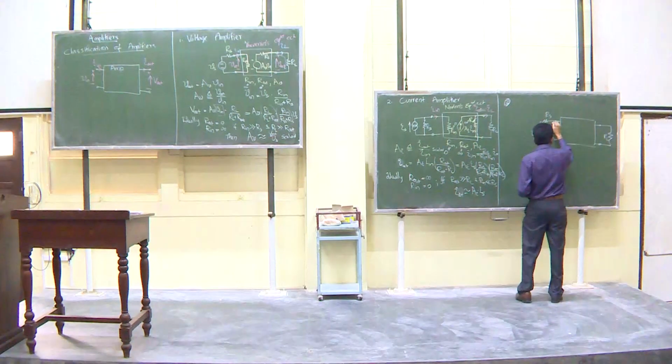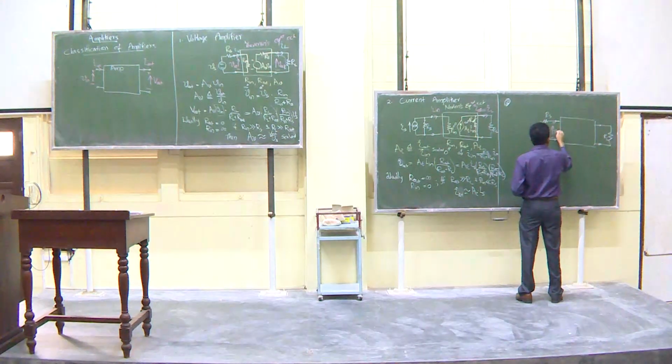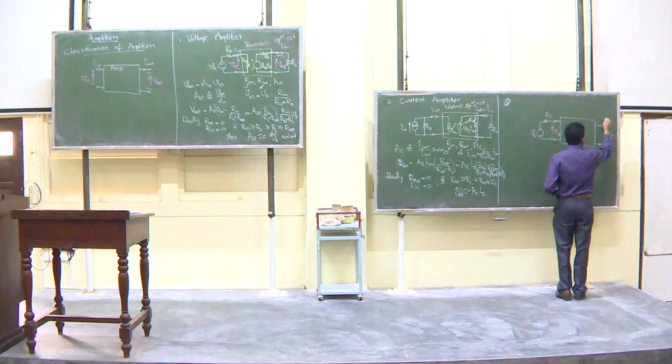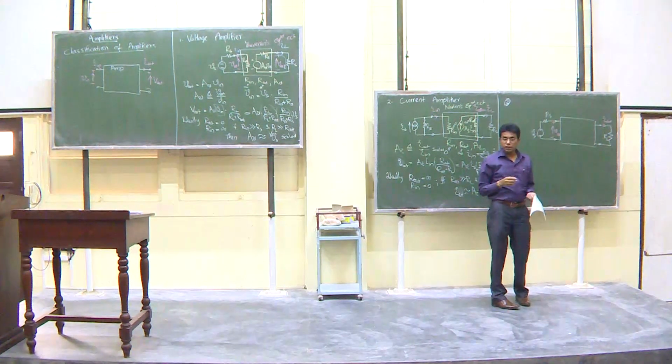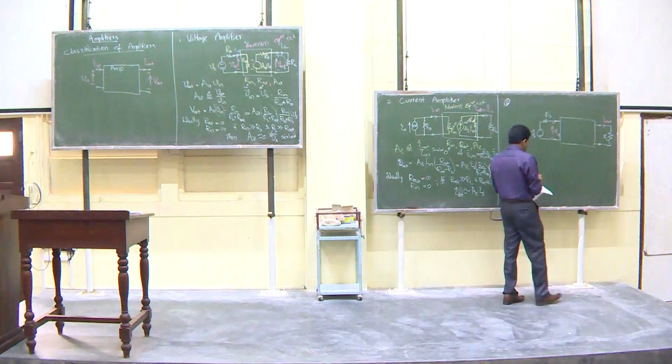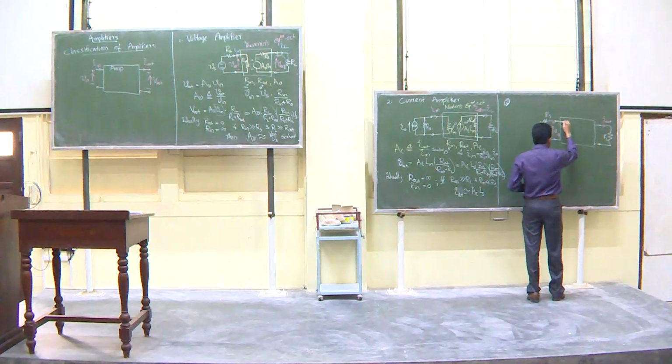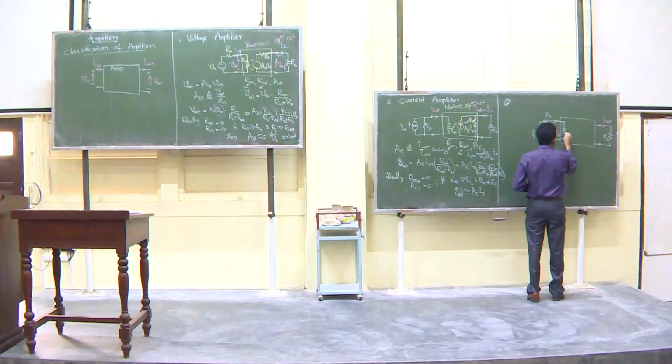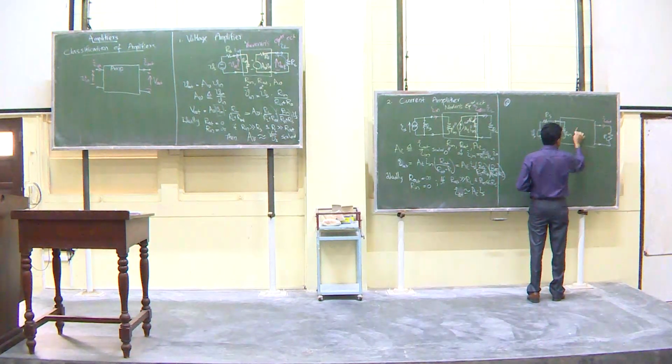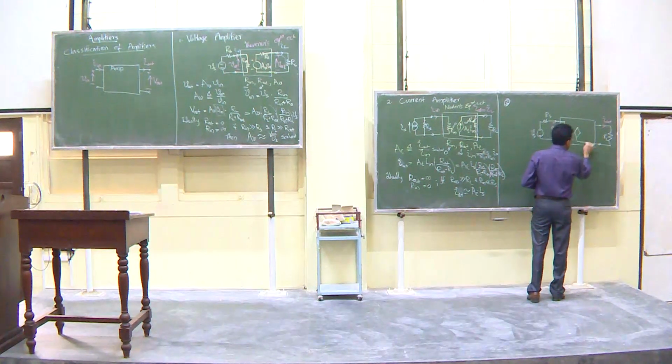So my input is a voltage, but my output is a current. If this is the case, then obviously the first stage is simple. You mark it as a resistor R in, but the output, since I need a current, I mark it as a Norton's equivalent circuit.